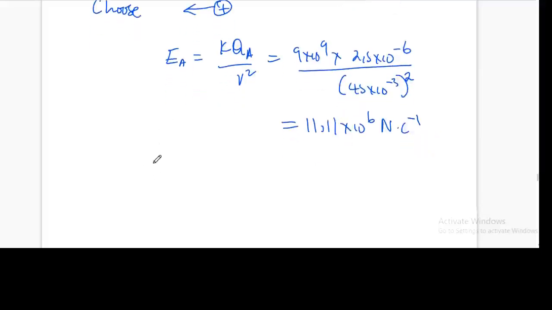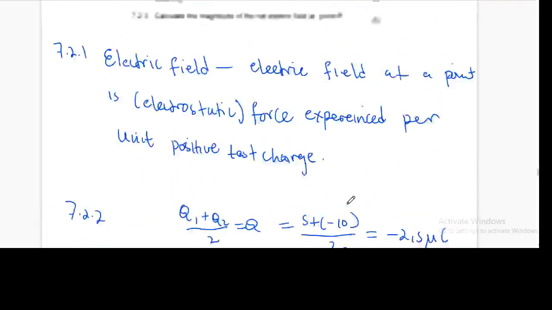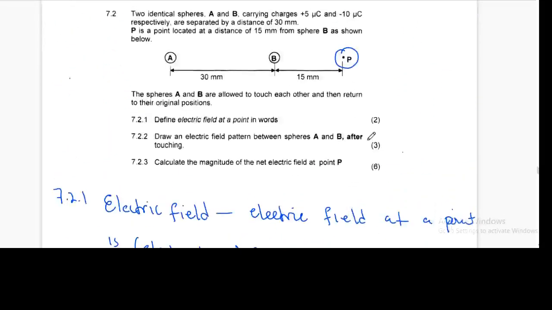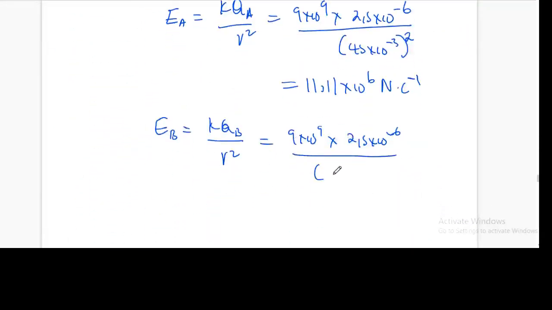And then EB, so kQB divided by R squared. So 9 times 10 to the power 9 multiplied by 2.5 times 10 to the power minus 6, divided by 15 millimeters, 15 times 10 to the power minus 3, all squared.